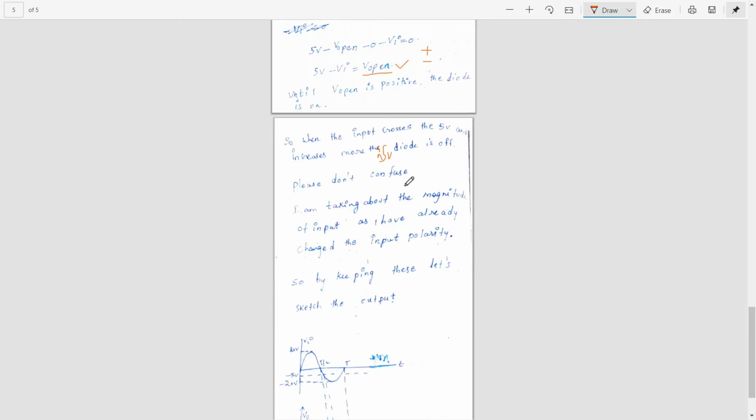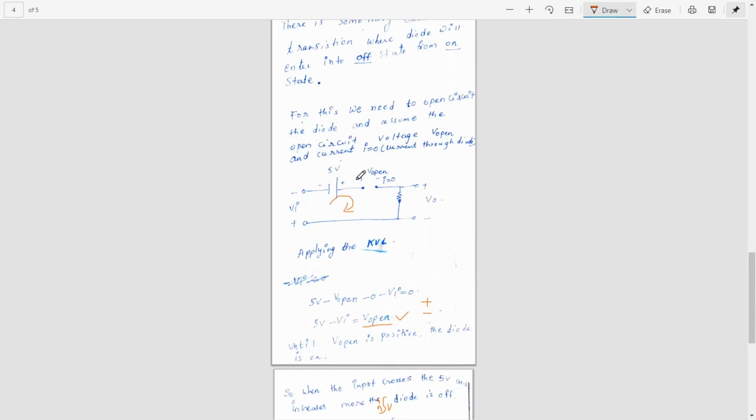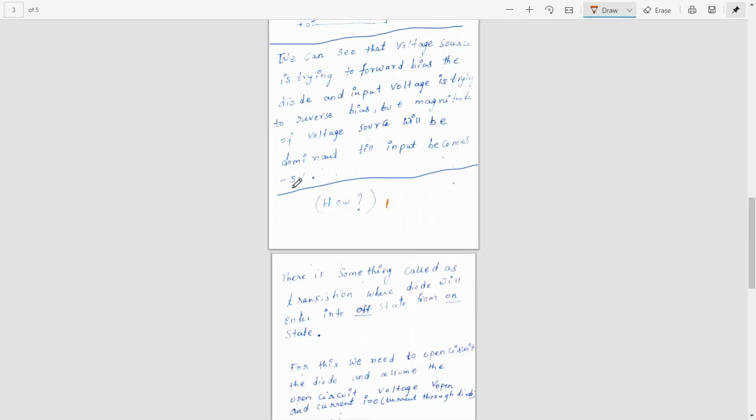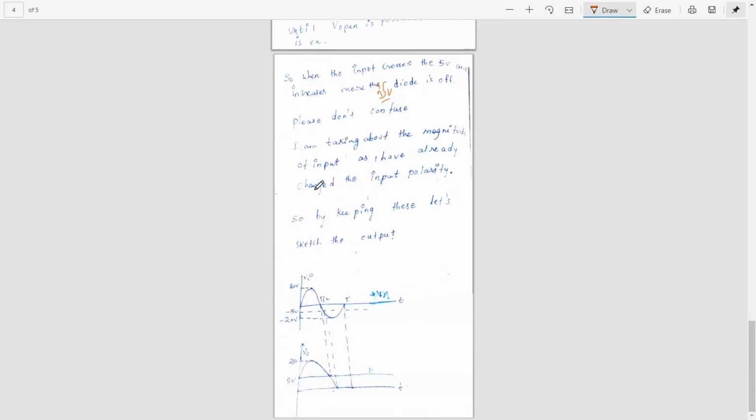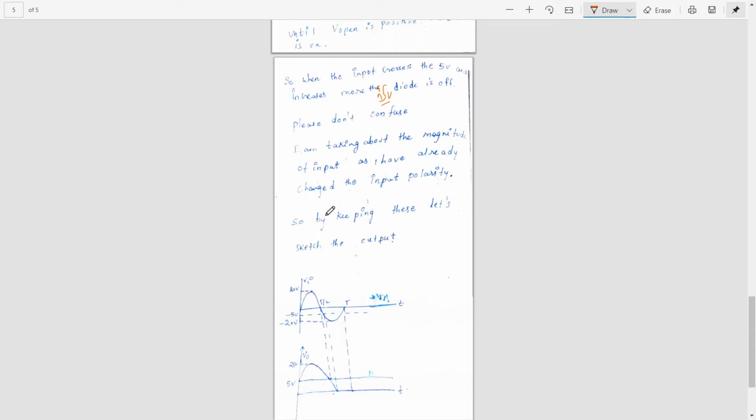Now please don't confuse why I have said minus 5 volt over here and 5 volt over here, because I'm talking about the magnitude, not the sign. I have already changed the polarity of the input. So when we change the input polarity while writing the KVL equation, we just need to take the magnitude.